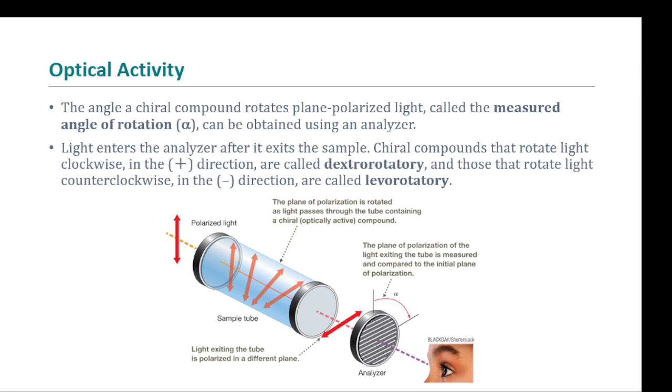Okay. So light is going to enter the analyzer, if you will, after it exits the sample. We polarized it right here, then it enters the sample right here, and then it goes over here, and this is what we call the analyzer. Guess what that analyzer is? Just another polarizer. You got it.